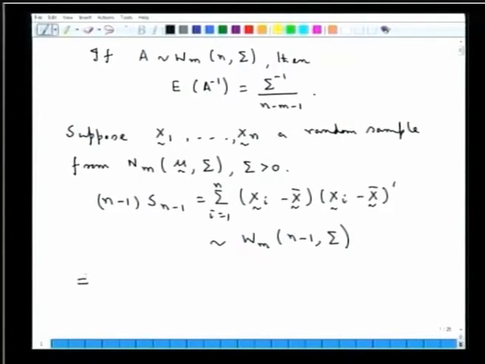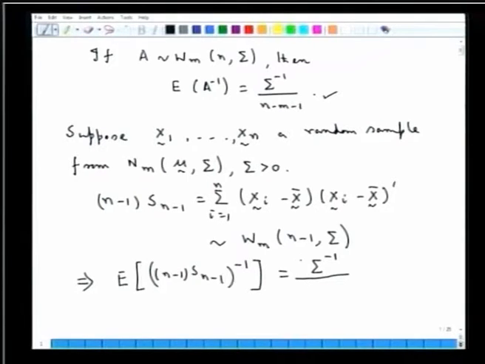So, this would imply by the result that the expectation of the inverse of this Wishart matrix, that is, the inverted Wishart, would be given by sigma inverse, whatever the associated variance covariance matrix is, here sigma, divided by n minus m minus 1.